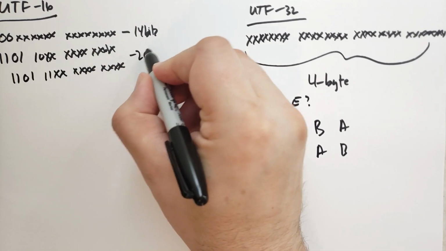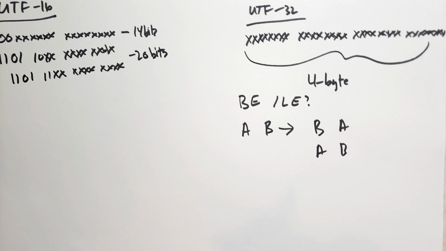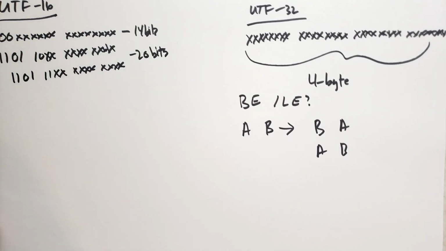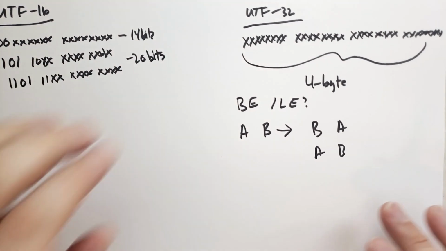This will get you 20 bits of encoding. The only question is big endian or little endian, and so UTF-16 documents should start with something called the BOM, the byte order mark. It tells you whether you're using big endian or little endian.